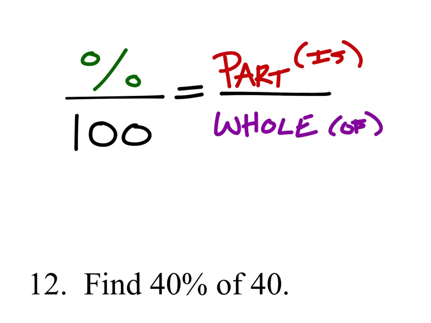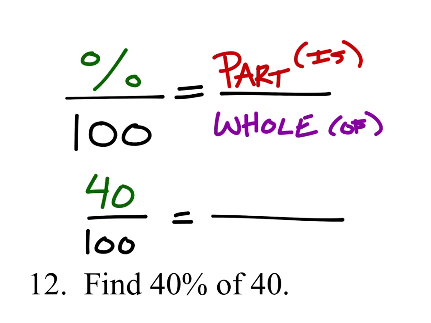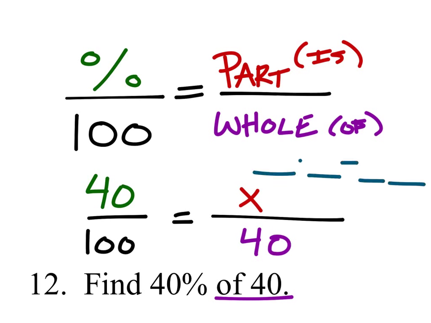So in this example, setting up the proportion, we got the percentage at 40, right? And then it says of 40, so that's the whole. So this is where the 40 is. We just don't know what the part is. So using good old fish method, we got 4 values, and it's always multiply, multiply, divide, and equals.